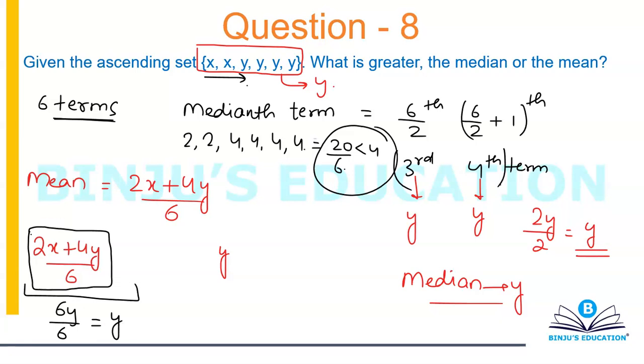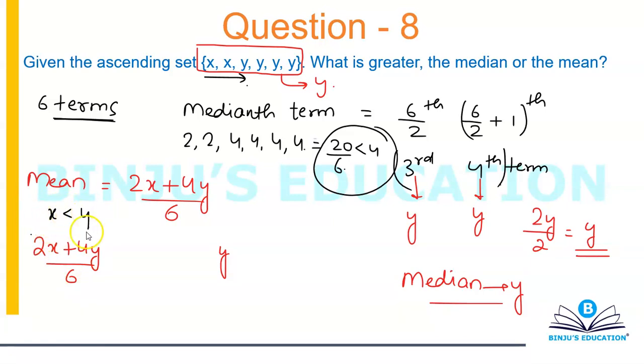Can I say that I'm basically adding a smaller number? Because x is a smaller number, right? x is basically less than y because the terms are arranged in ascending order. x and y are two different entities. If they were similar, x and y would be the same quantity, and there is no point of representing that with two different alphabets.